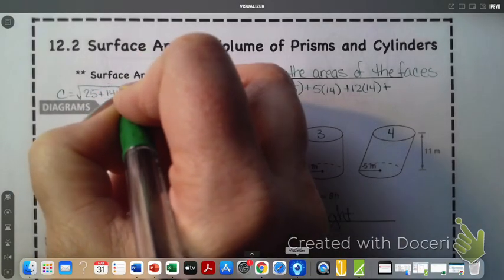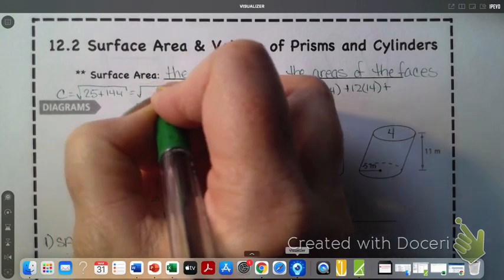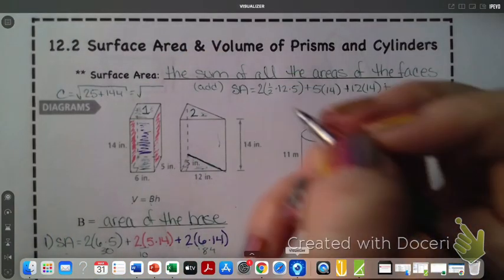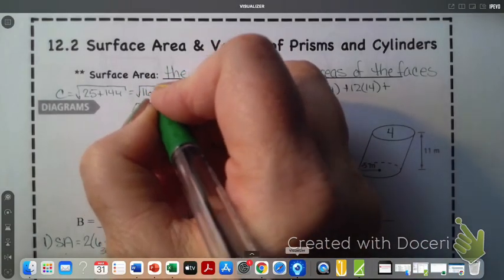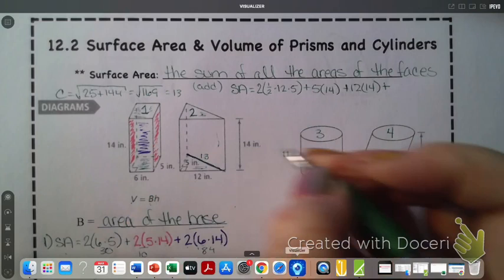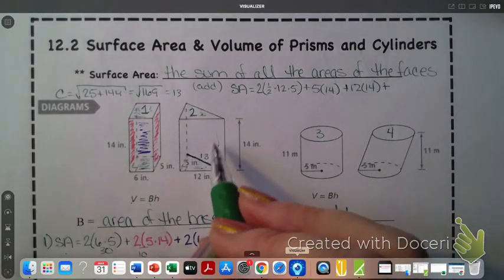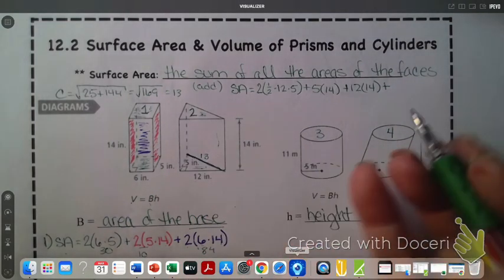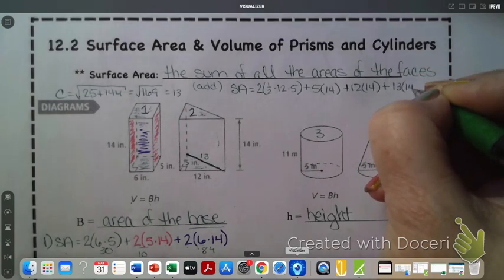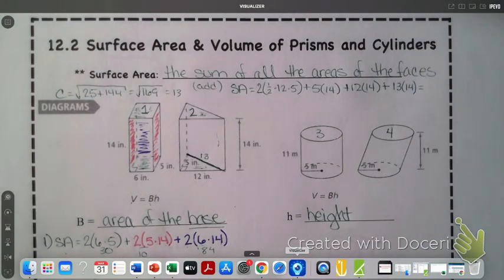So I have the square root of 169, which is 13. So this piece right back here is 13, which makes this rectangle what by what? 13 by 14.